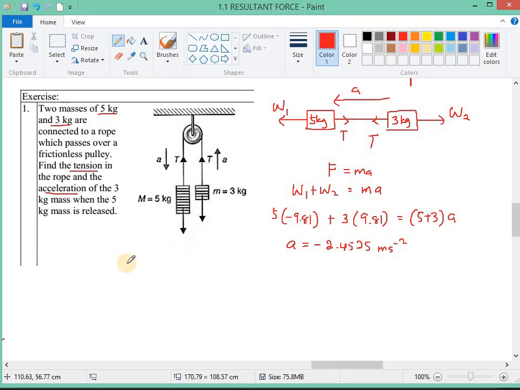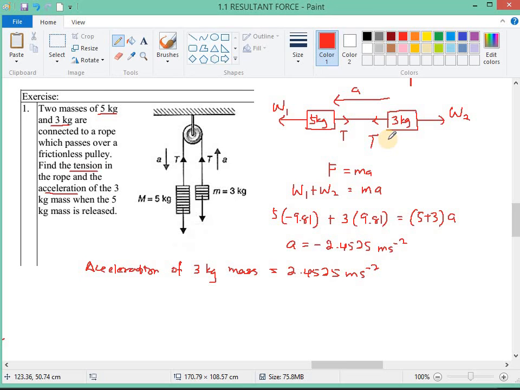We have to say acceleration of the 3 kilogram mass equals 2.4525 meter per second squared. We have to answer the question based on the actual situation. We put it like this earlier so that we can make the problem simpler to solve.